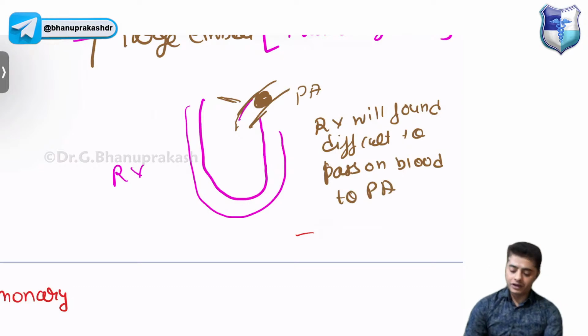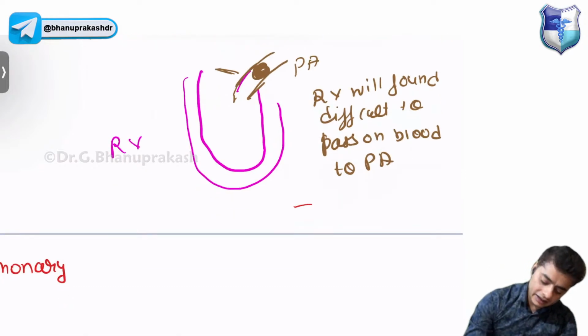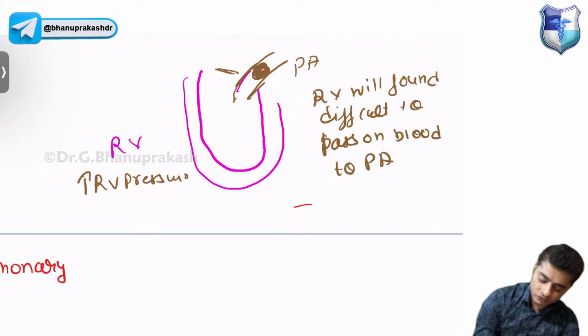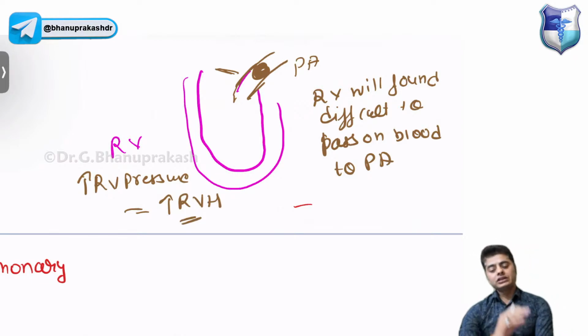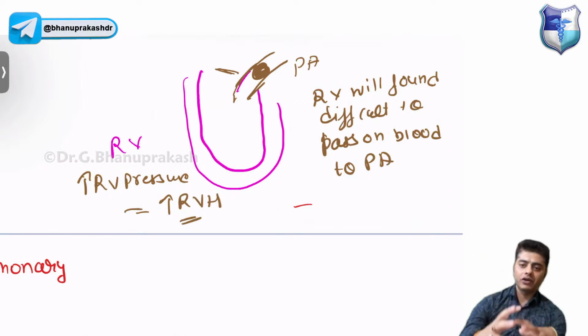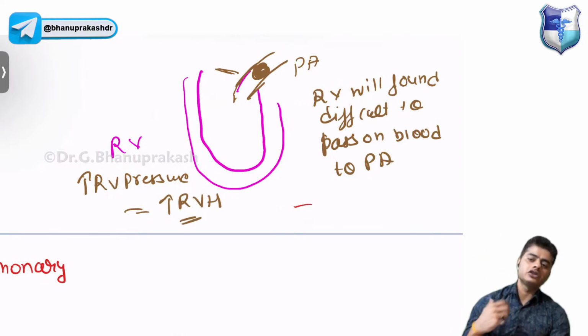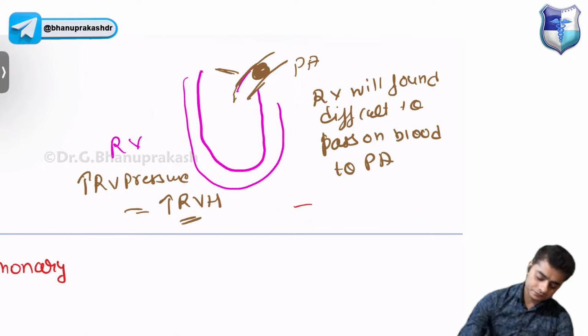And what will it lead to? It will lead to increased right ventricular pressure, which will lead to right ventricular hypertrophy. So this large embolus can lead to right ventricular hypertrophy. That's how it can also mimic MI.